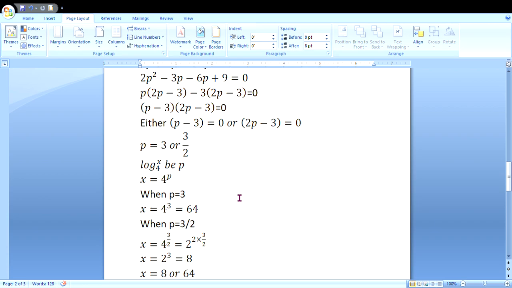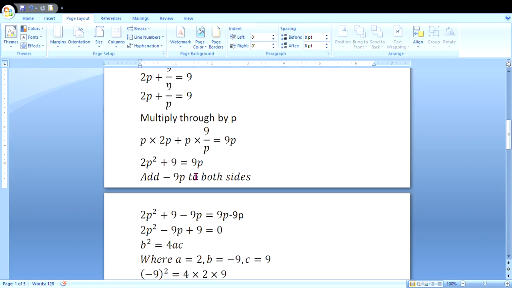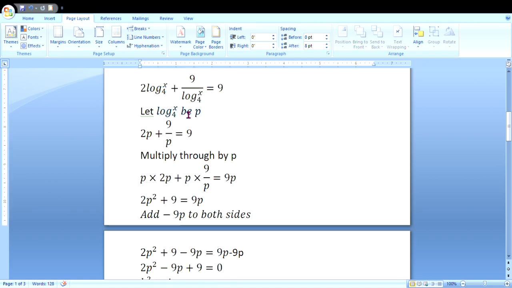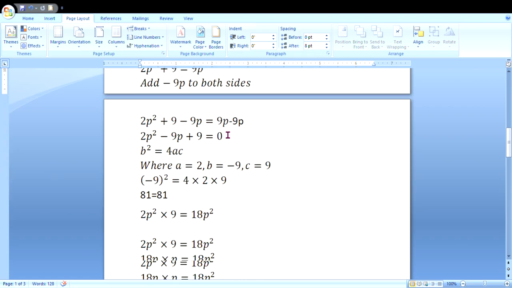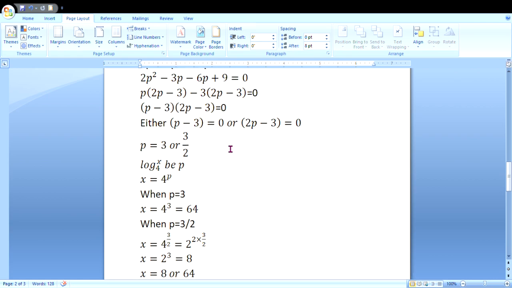Now, we were also aware, initially, that we said let log x to base 4 equal p. We have to return to that to obtain the value of x. We say let log x to base 4 equal p.